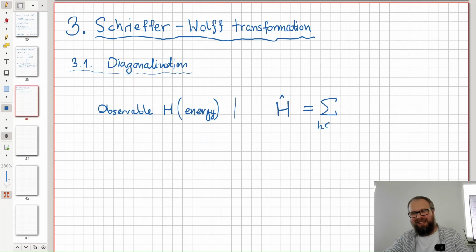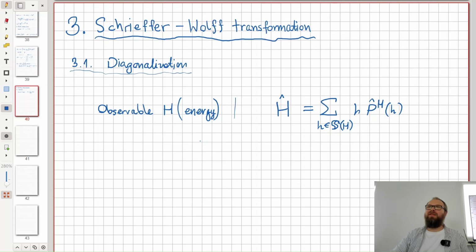So we have some eigenvalues, the spectrum of H, and we have projectors associated with those eigenvalues, right? Now, suppose that we actually know this spectral decomposition, or in other words, we were able to solve the eigenproblem for our Hamiltonian, H minus h1.